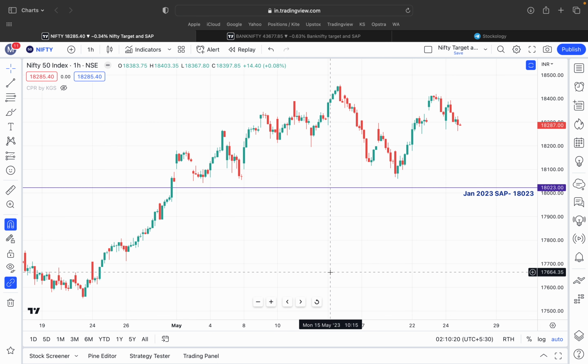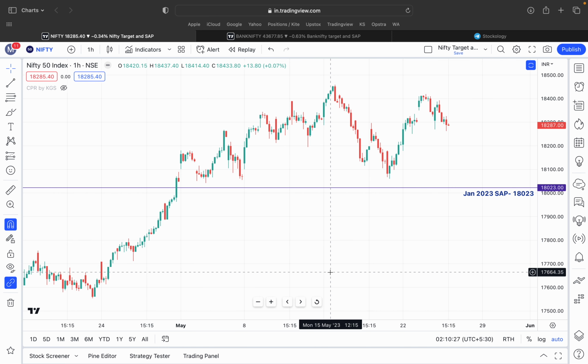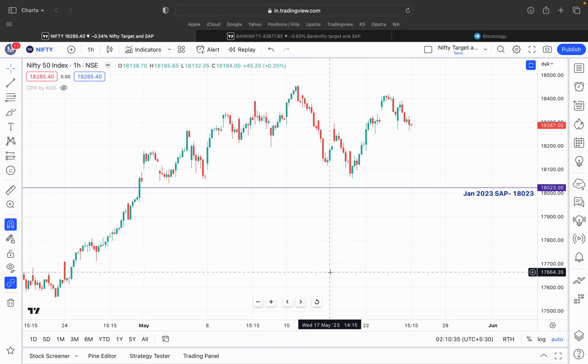Especially in the period when there is a lot of volatility and you are confused about how the market will be, as in today will the market be bullish or bearish, or what side I should be taking the trade. So CPR will definitely help you out in filtering out all those trades.